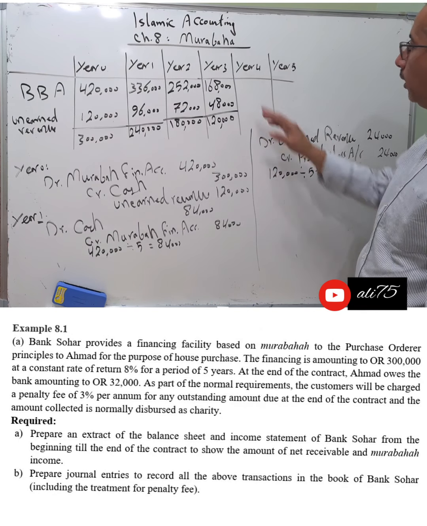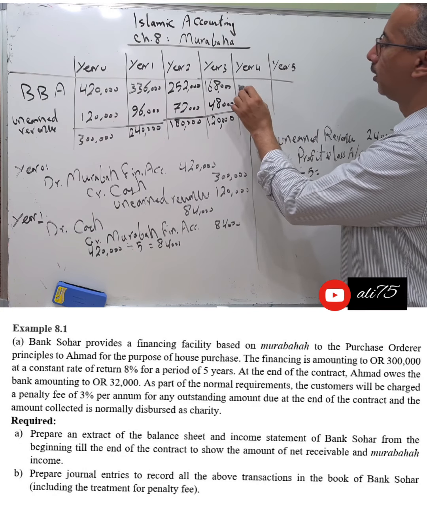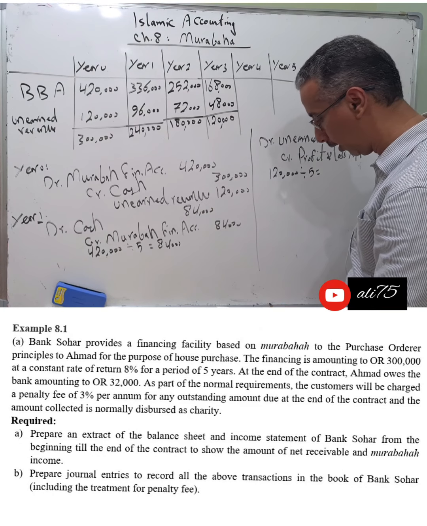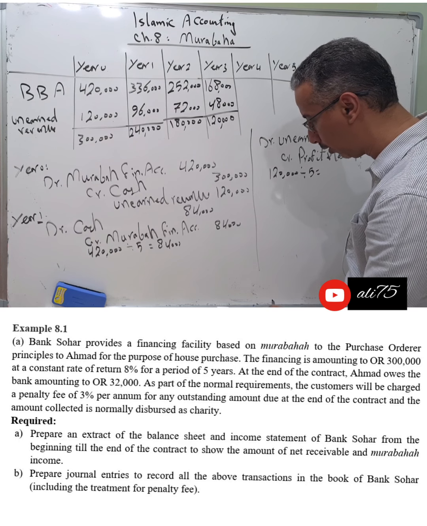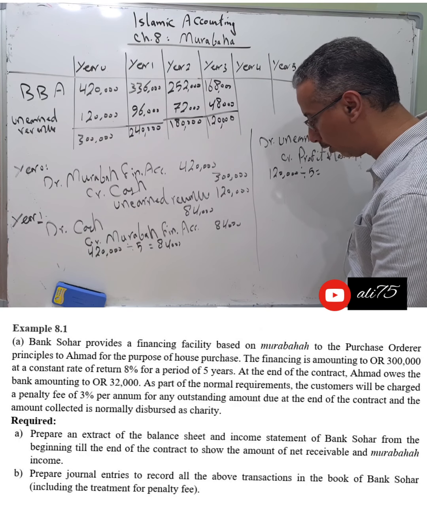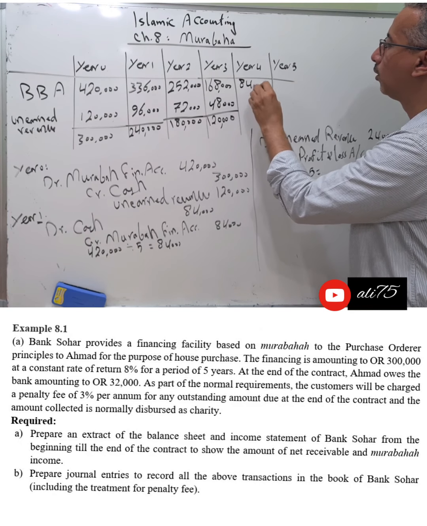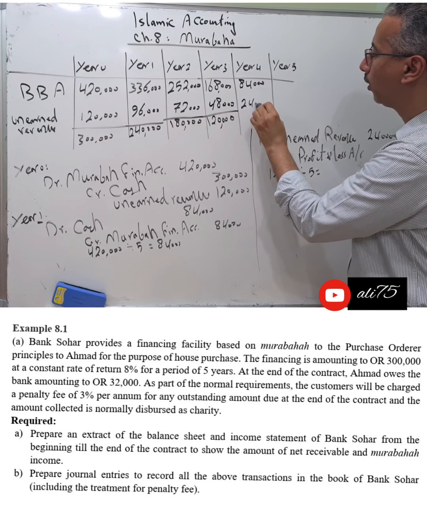Going to year 4, there is reducing again 168,000 minus 84,000, again 84, and here 24,000.